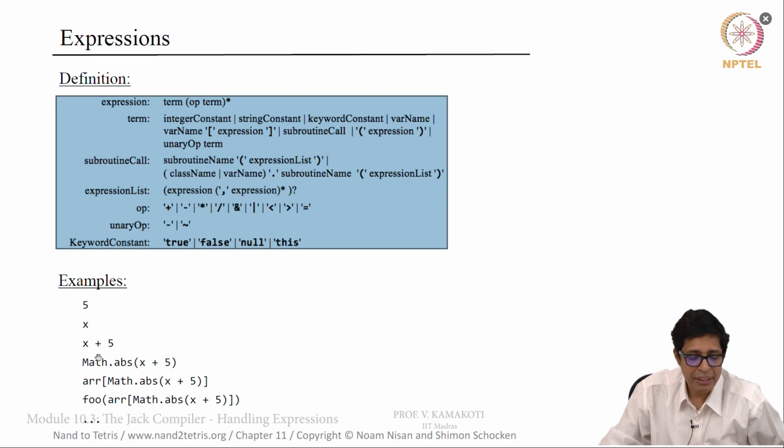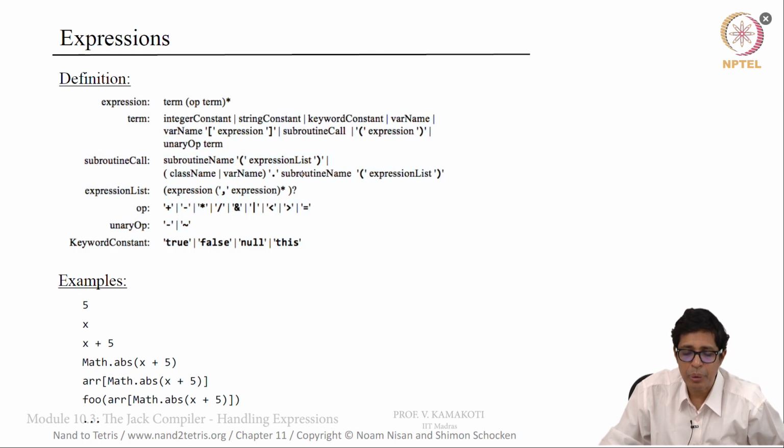Math dot abs, abs is a subroutine name, absolute value. Then there is an expression list, which here has only one expression, x plus 5.